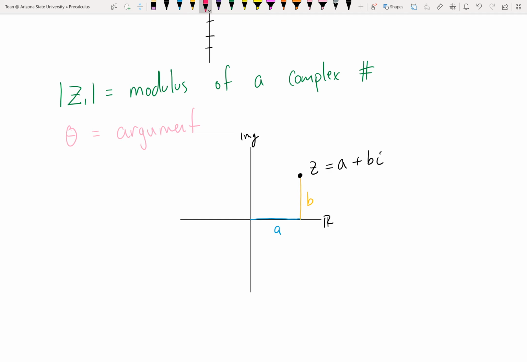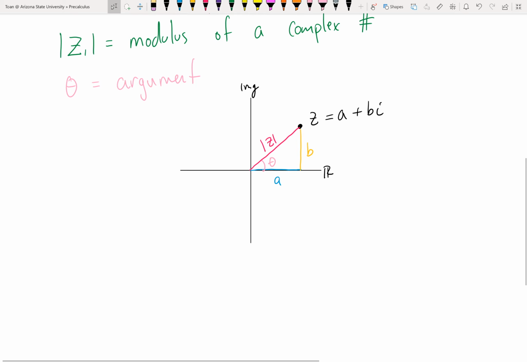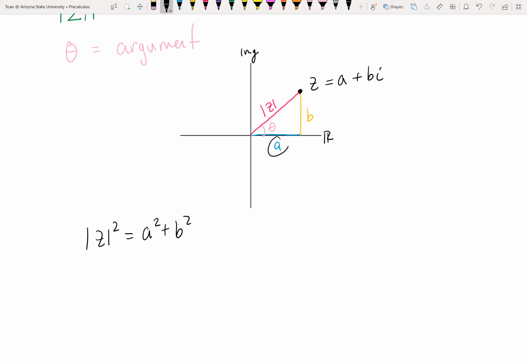So what is the algebraic connection between a complex number in standard form, a and b, with the modulus and the argument? Well, we can just see, by visual inspection, that the modulus squared is a squared plus b squared. So that's the formula you would use to find the modulus. And we can see that the relationship between the standard form and the argument is a tangent. Tangent of theta equals b over a.